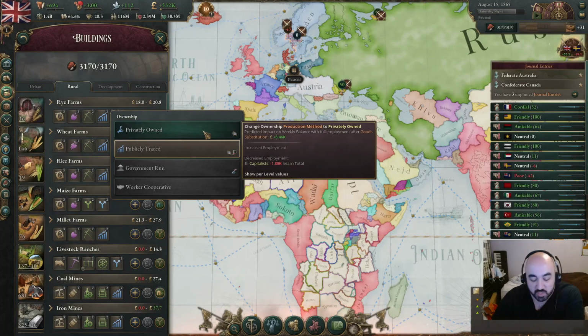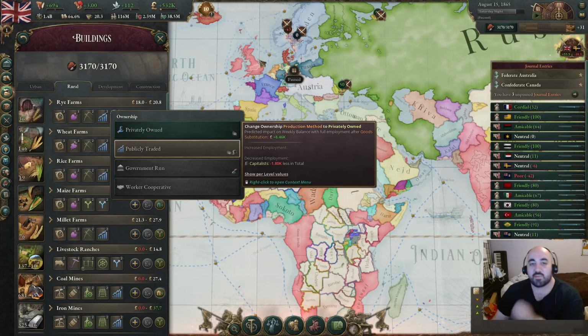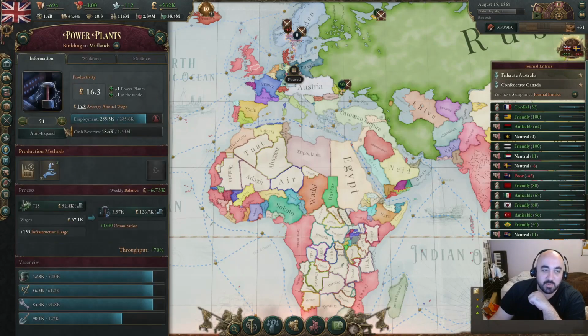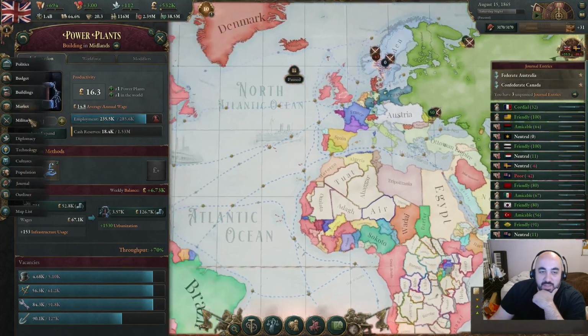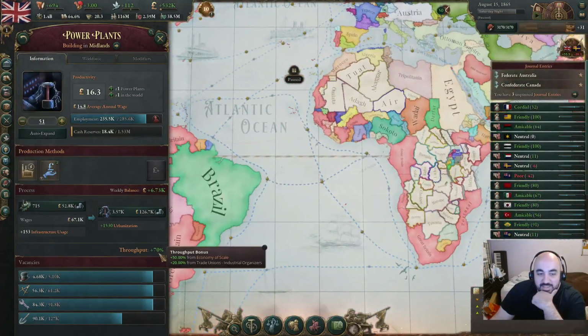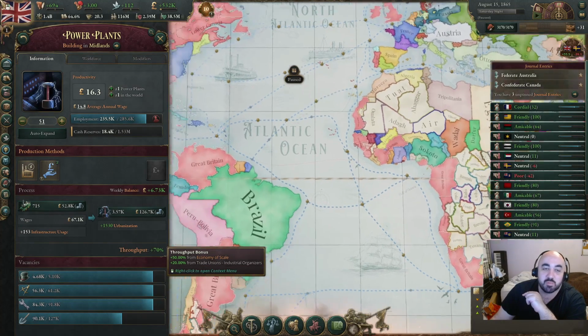Another thing you can do is that often producing electricity is not profitable even if you're running a shortage. In theory, what you could do is run all of your electrical industries in an unincorporated state in order to get the plus 10% throughput bonus.